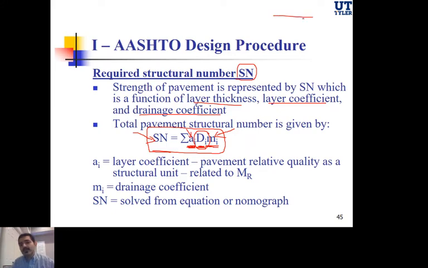If I'm designing a 3-layer system, let's say I have an HMA layer, a base, and a sub-base, all on top of the soil or the subgrade, my goal after this procedure is to get the thickness of each one of these layers, which is D1, D2, and D3.